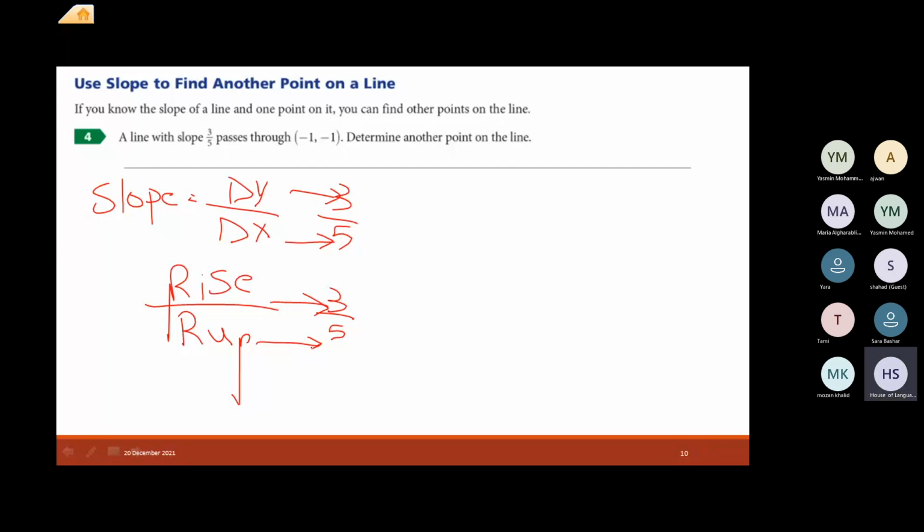What are the formulas of the slope? Rise over run, or delta y over delta x. Here, what's the number that I have? 3 over 5. So that means delta y is 3 and delta x is 5.